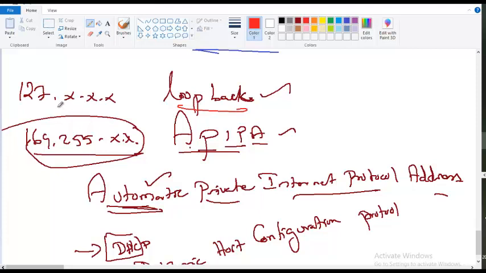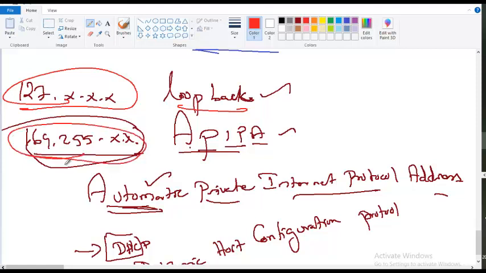This cannot be assigned to a computer. This 169.254 cannot be assigned manually by us. It is only to indicate the DHCP server is missing. This will come automatically. This is generated by the operating system.